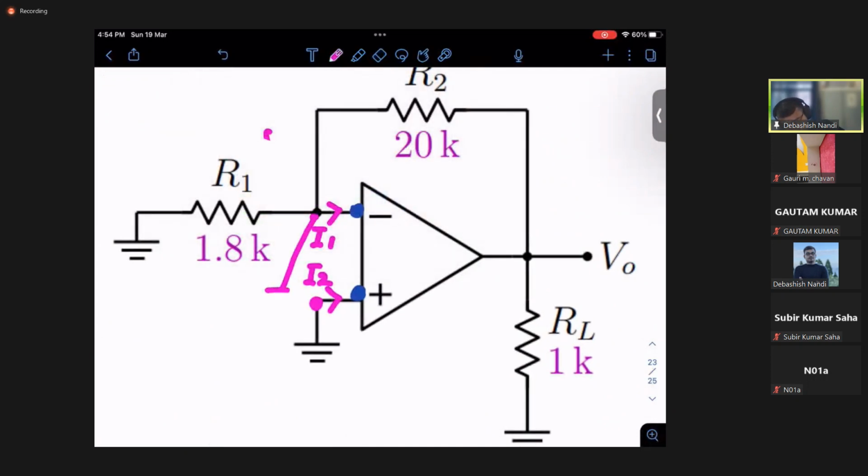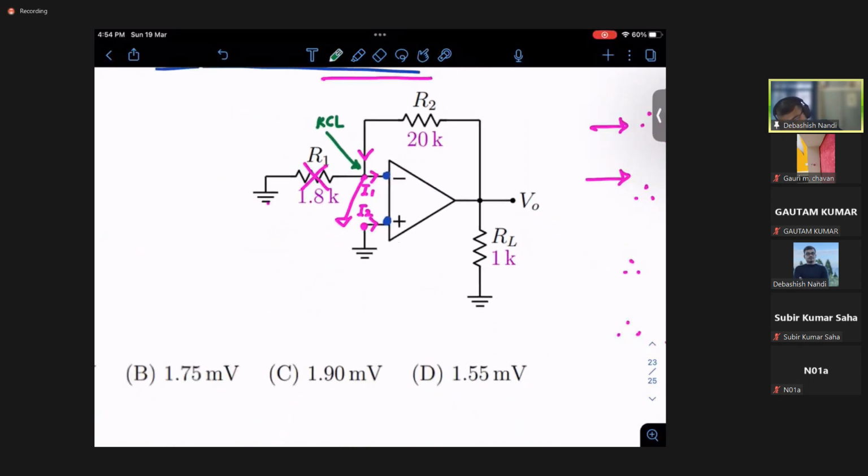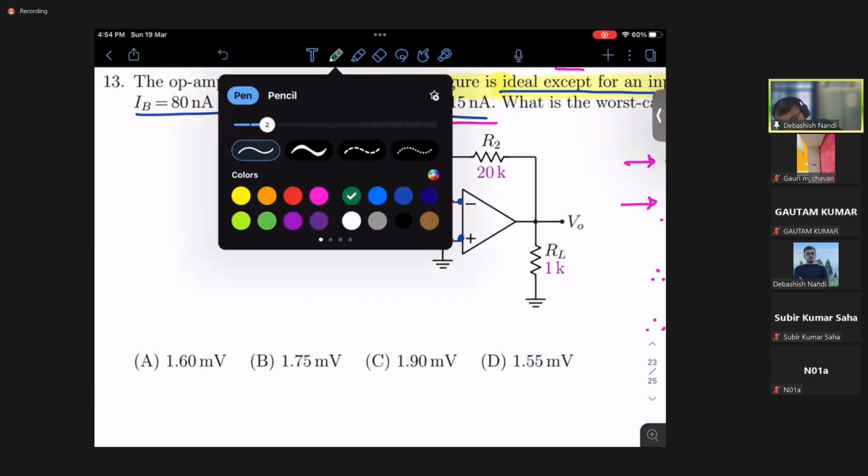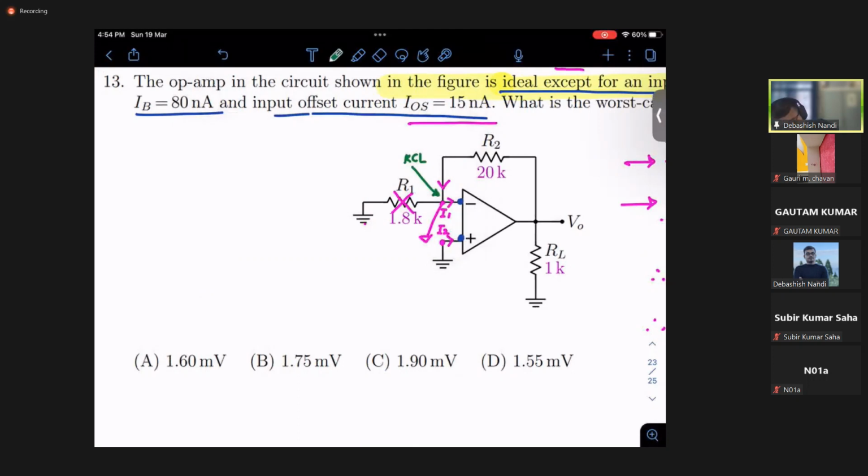That means no current flows through this branch. This current will be nothing but this current, right? So if I use KCL at this node, your KCL equation will look like this: I1 will be equal to 0 minus V naught by 20. This current will be flowing entirely into the minus terminal.